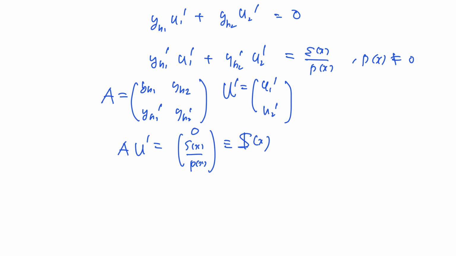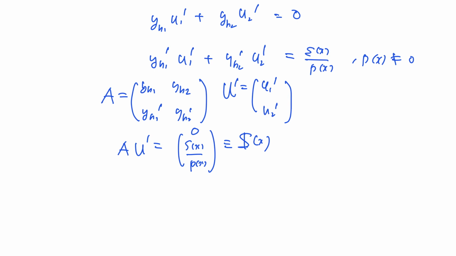Can you solve this equation? What is the condition for the existence of u prime? The determinant of A is not 0, right? You remember that? Last semester, maybe in March or April, you learned the inverse matrix. The condition for the inverse matrix to exist is that the determinant of A is non-zero.